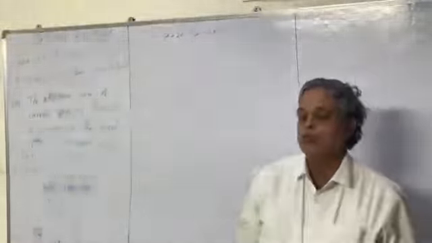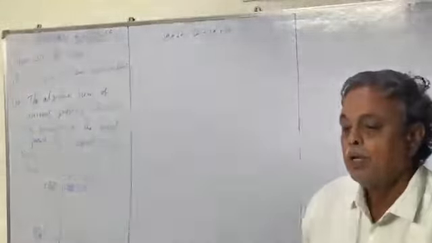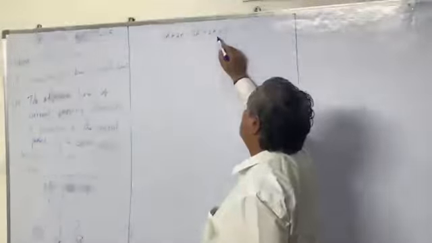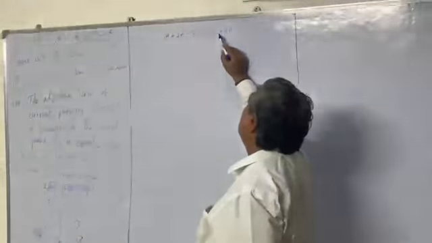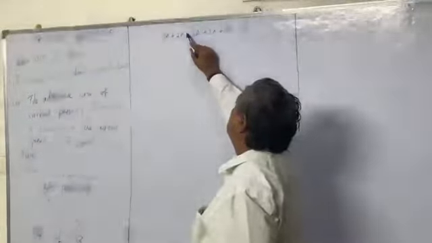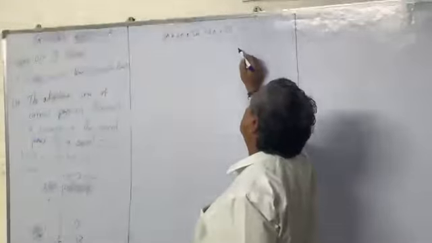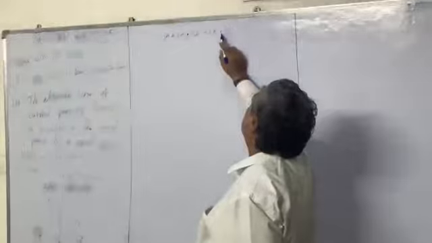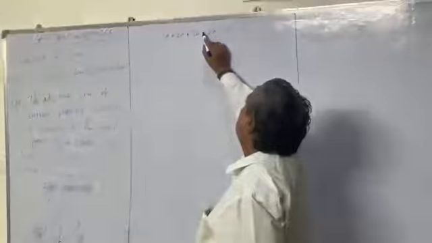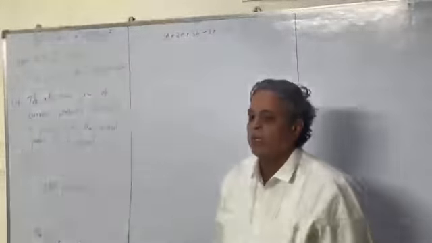Is it correct or not? It should be balanced. What should you do? Change it. 6 plus 2, 8. If you change this plus, then you will get minus 6A minus 2A. Is it equal or not?